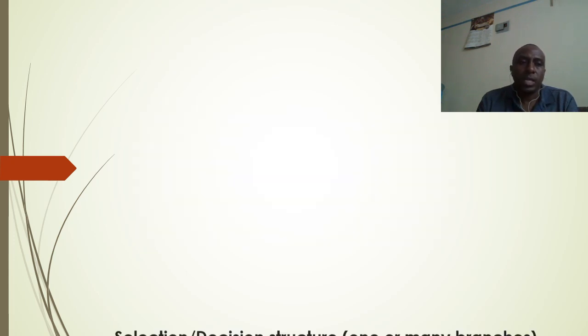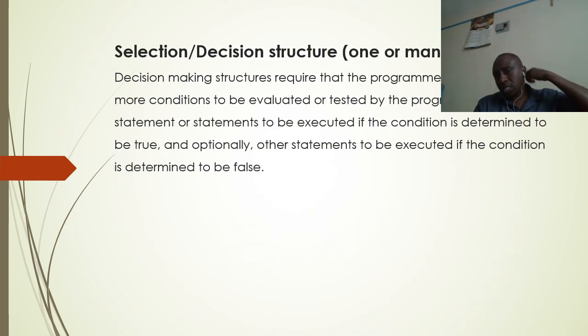Now let us check on the selection or decision structure, whereby you choose one statement to execute depending on the condition you provide. And what is the selection decision structure?